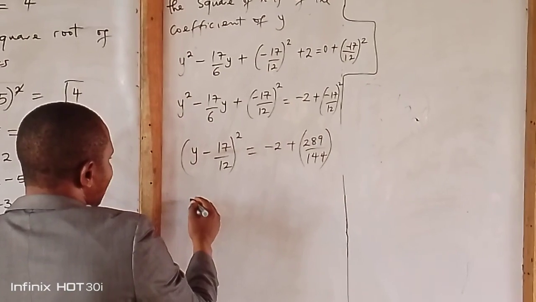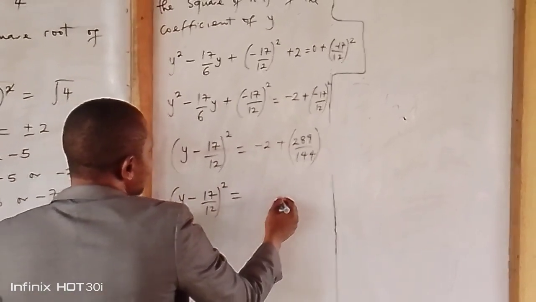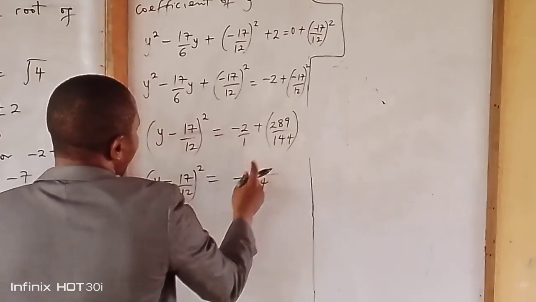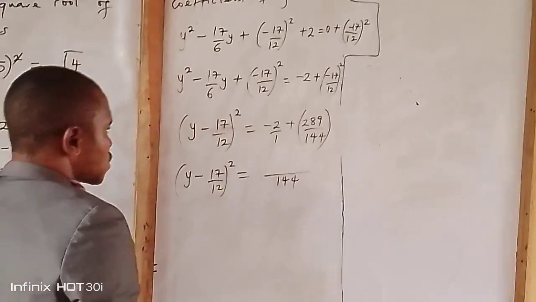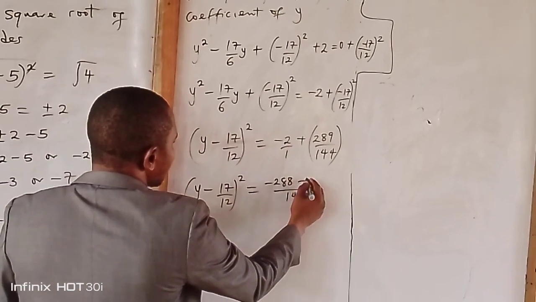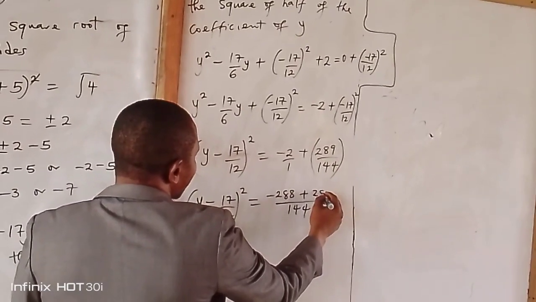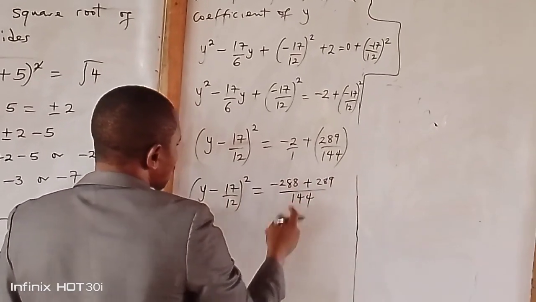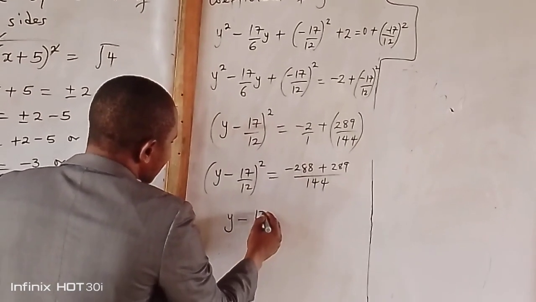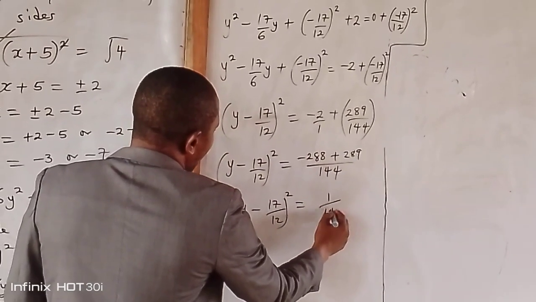So we are going to have y minus 17 over 12 squared is equal to, here we are going to introduce 144. 144 times minus 2 will give us minus 288 plus 289. So minus 288 plus 289 will give us 1. So we are going to have y minus 17 over 12 squared is equal to 1 over 144.